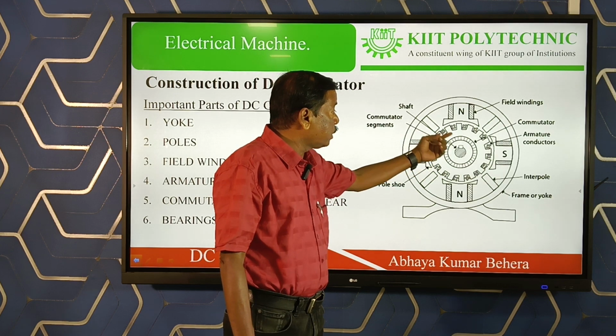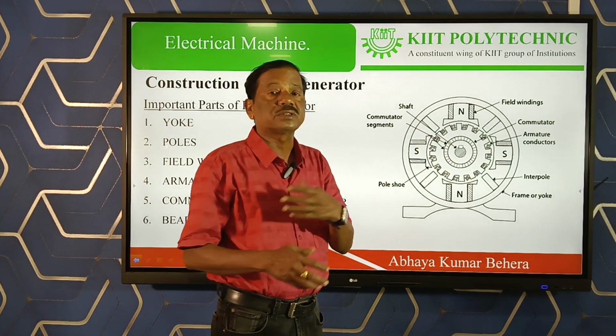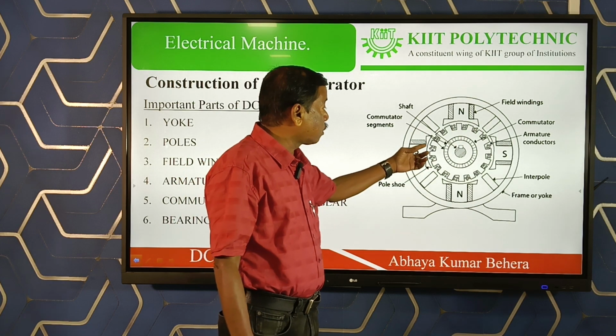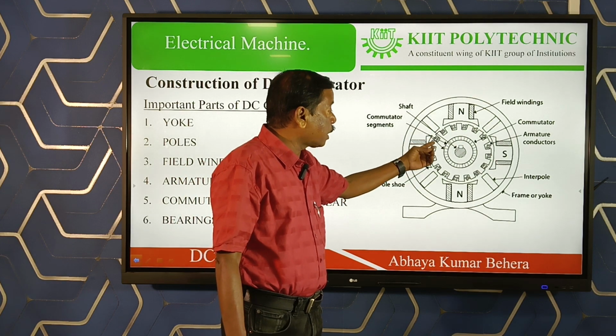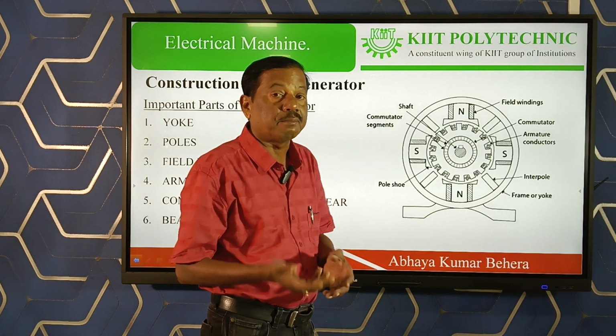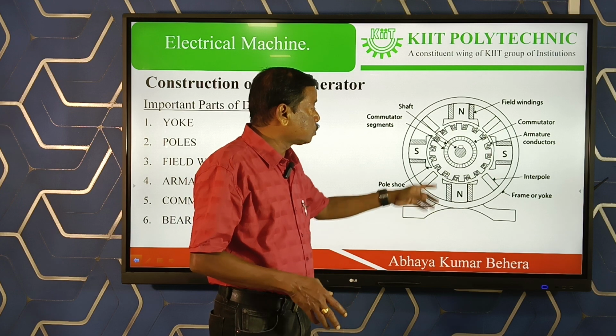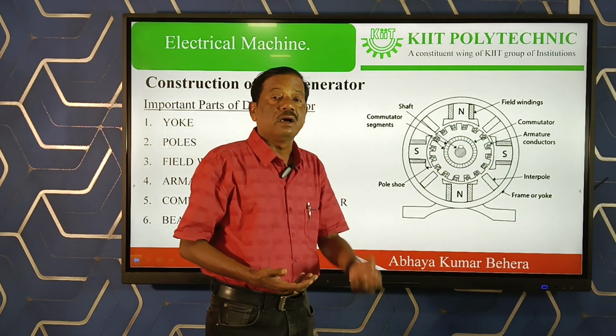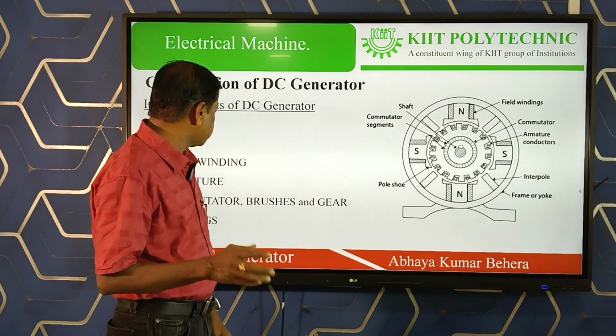When the magnetic field is cut, it produces alternating current. That alternating current goes to the armature winding, and is then converted into direct current with the help of the commutator. So the working of the commutator is converting AC to DC or DC to AC, vice versa.